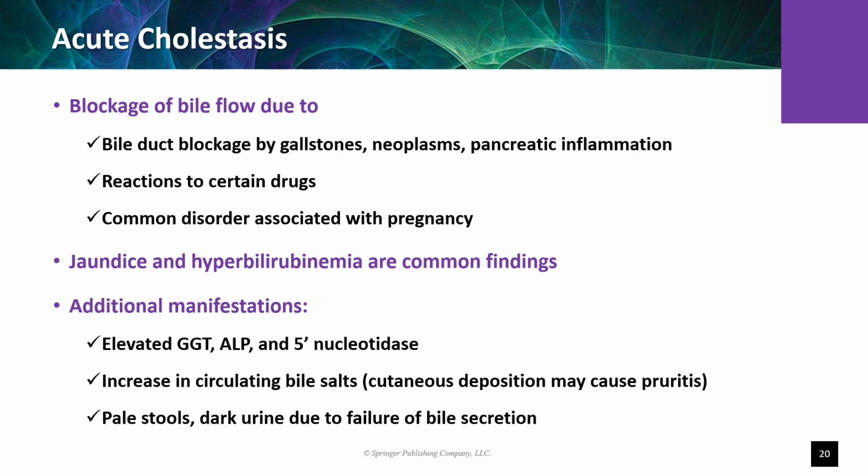Cholestasis is a state of interruption of bile secretion caused by intrinsic liver dysfunction or processes outside of the liver. The bile duct can be blocked by gallstones, neoplasms, or pancreatic inflammation. This causes a cessation or a stoppage of bile flow.